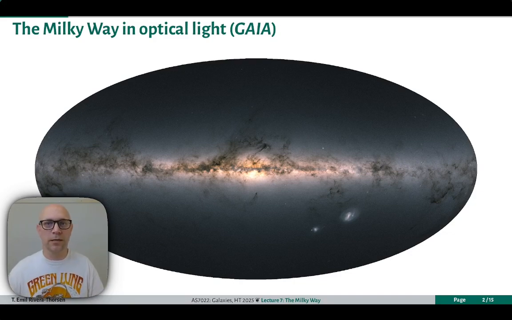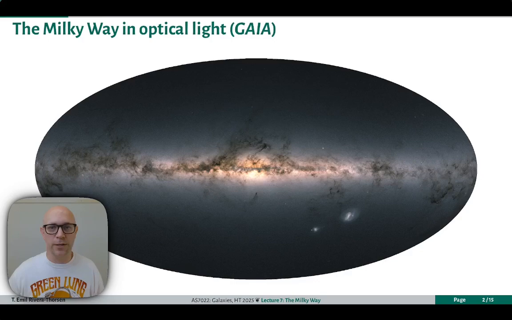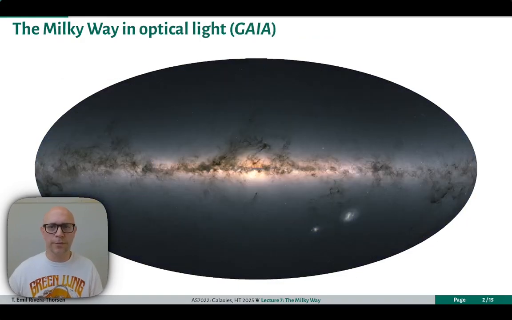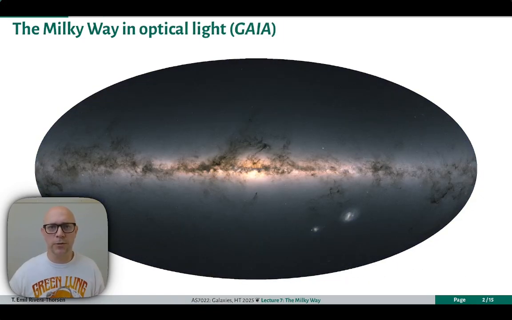If we take a look at a similar map of the Milky Way in near-infrared light, it looks like this. And I think it is quite interesting to compare these two maps. First off, we can see, especially in the Magellanic Clouds, the difference between the extended older stellar population and the younger, more clumpy stellar population is really noticeable in the Magellanic Clouds.